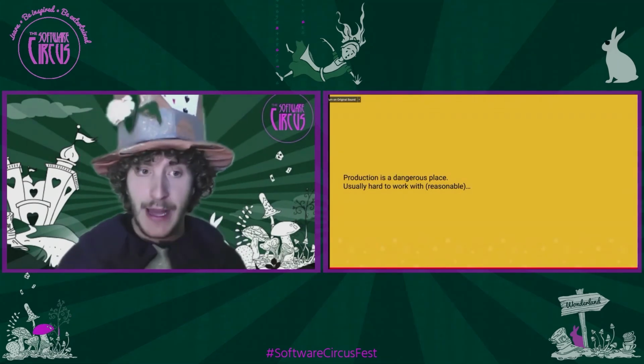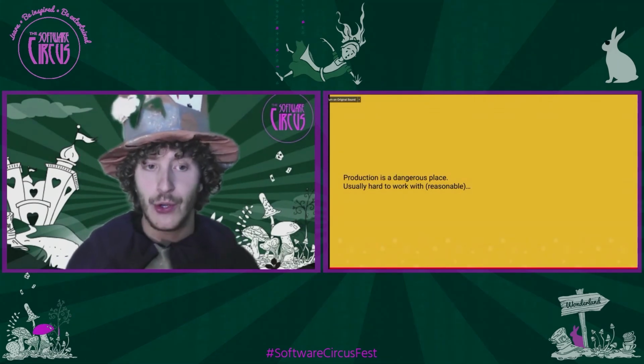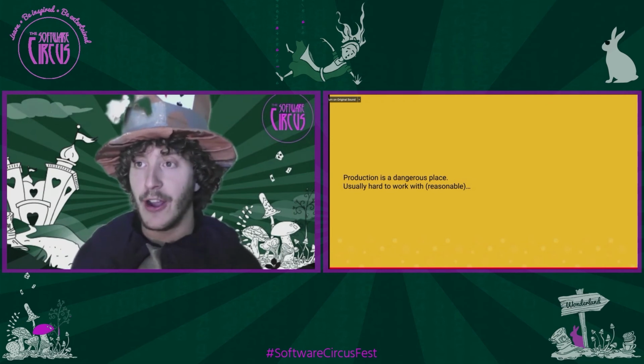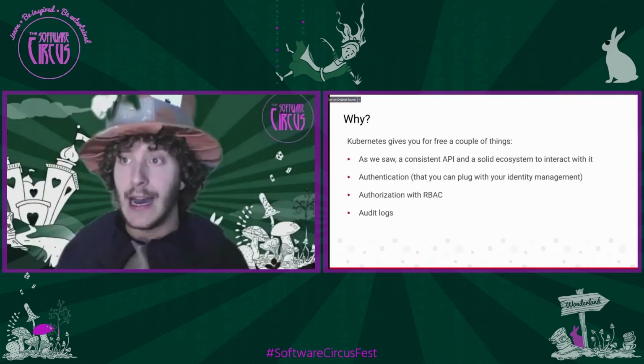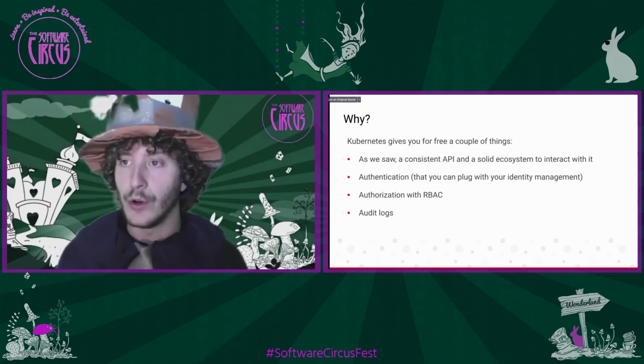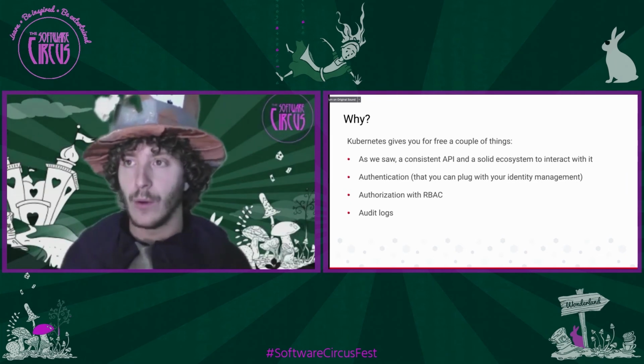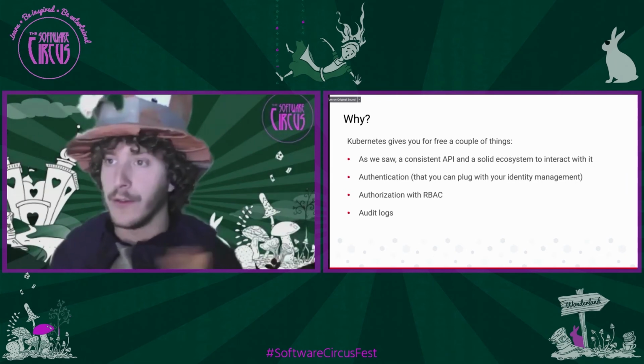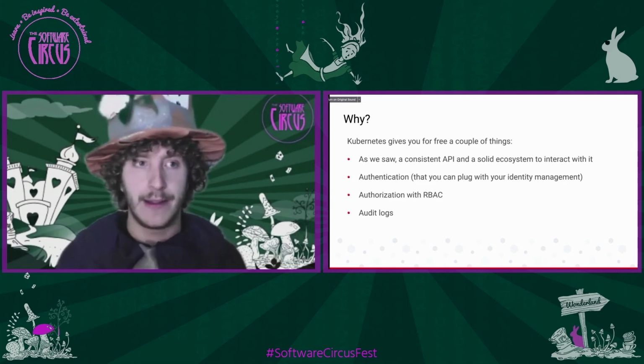Production is a dangerous place, and usually it's very hard. It is our fault as operators if it doesn't work how it should work, because it means that our workflows are not well implemented.